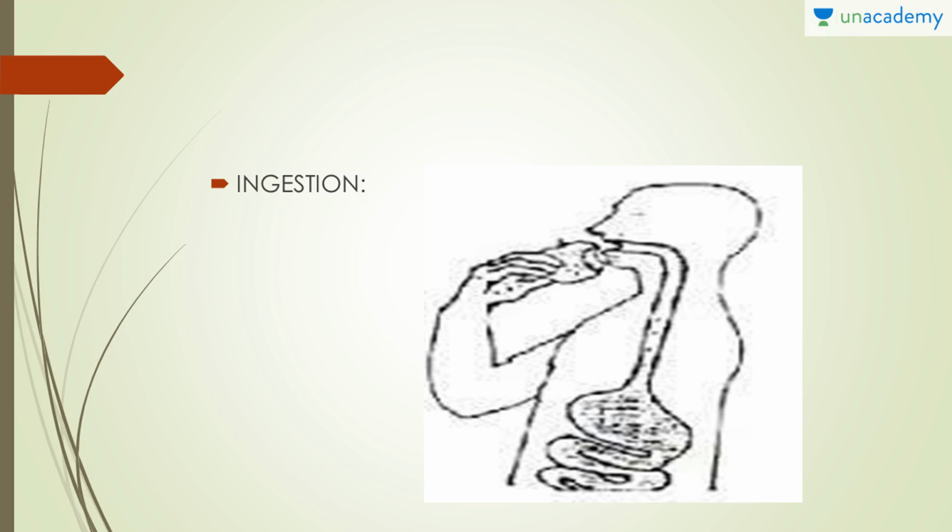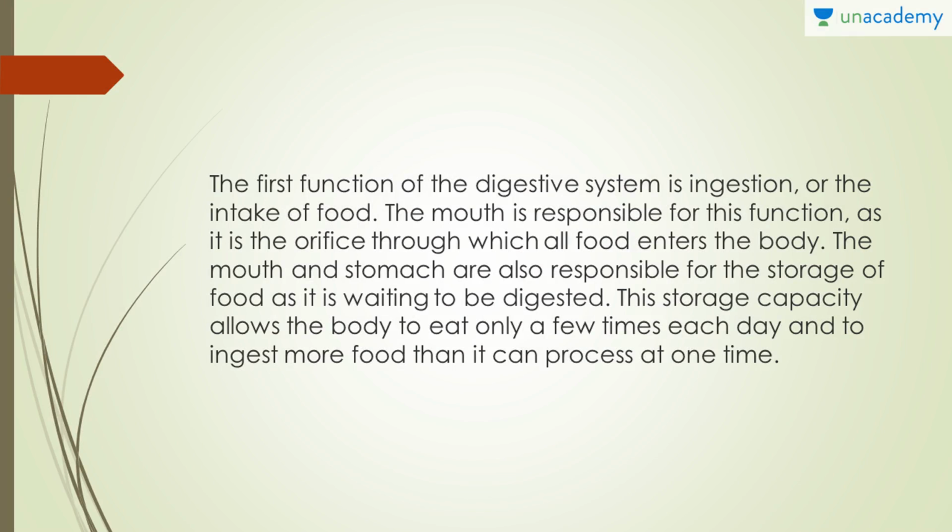Now, discussing the points one by one, let's begin with the process of ingestion. Ingestion is simply the intake of food. The first function of the digestive system is ingestion, or the intake of food. The mouth is responsible for this function, as it is the orifice through which all the food enters the body.